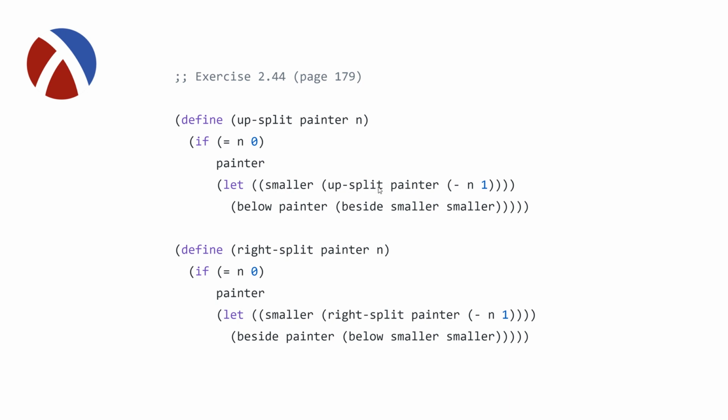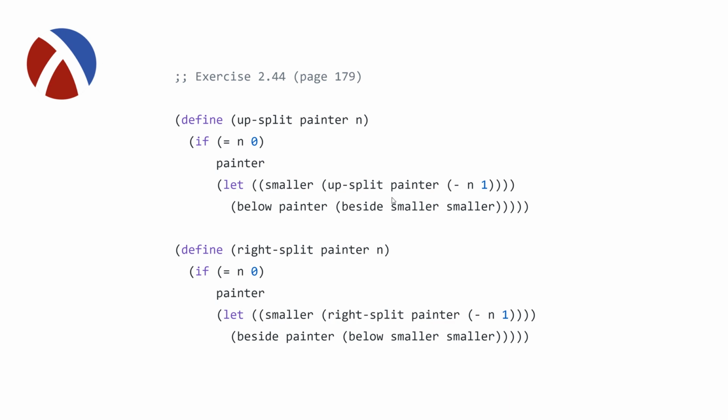And as you do this, it automatically halves the size of the image because of the next line. So when you go beside smaller, smaller, below painter, it puts the initial image at the level that you're at below, and then the 2 images above it. And because there's 2 of them, they'll get halved in size.